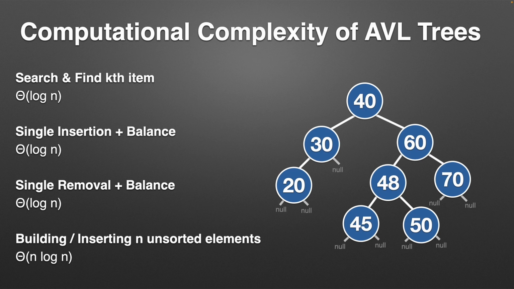The same thing for inserting a node or doing the balancing as part of an insertion or deletion, because those are constant time, right? We're just changing some pointers around, and we kind of know how to do that. And it doesn't depend on the size of the tree. I mean, it depends on the size of the tree logarithmically. So log n is what we get.